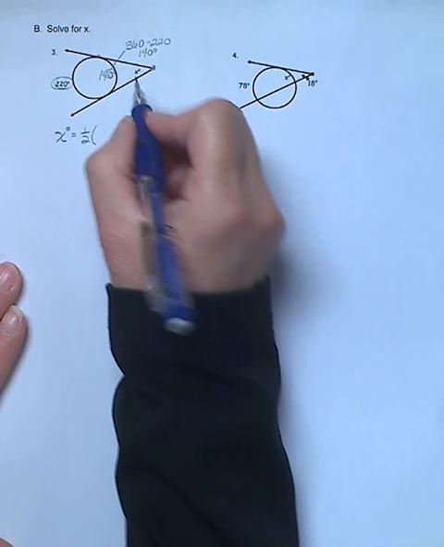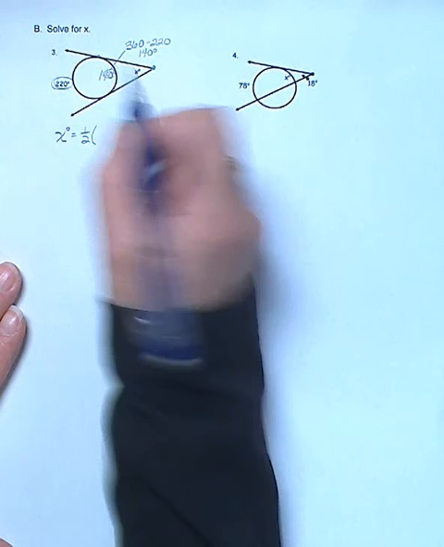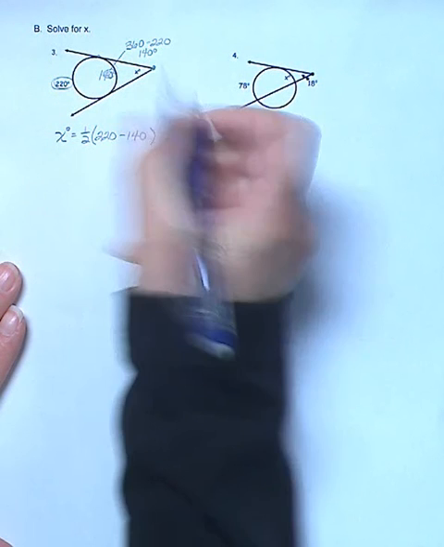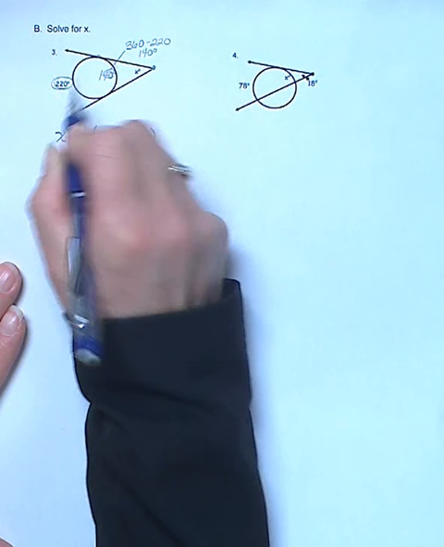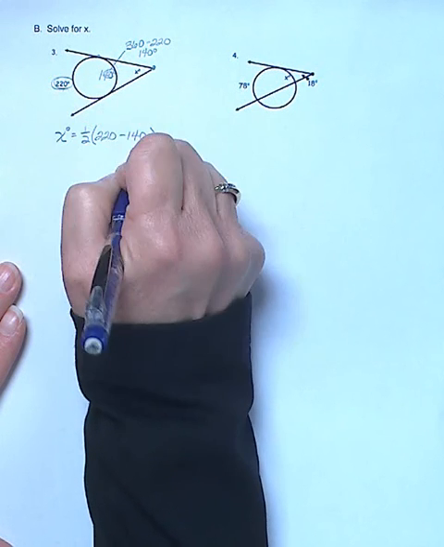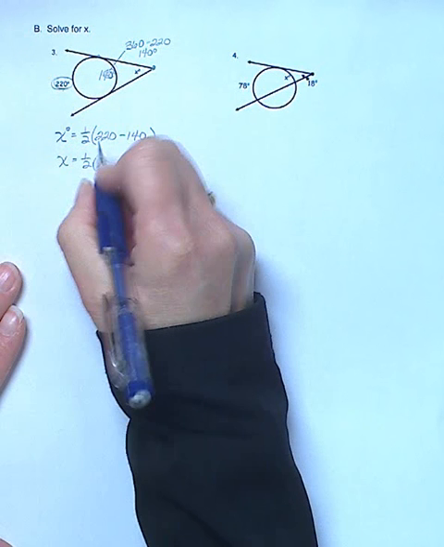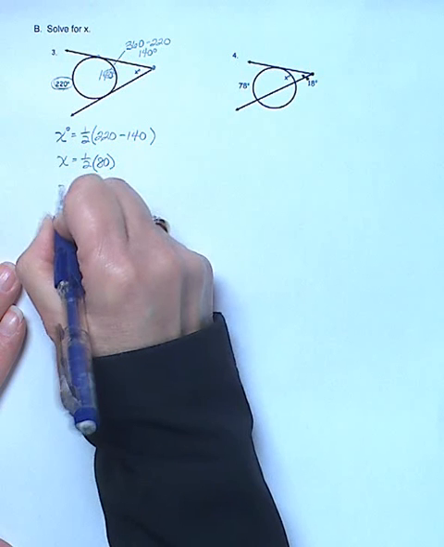So we want to do 220 minus 140. So the measure of the angle is half the difference between 220 and 140. 220 is farthest out, it's the biggest, so it goes first. So x equals half of 80. So x equals 40 degrees.